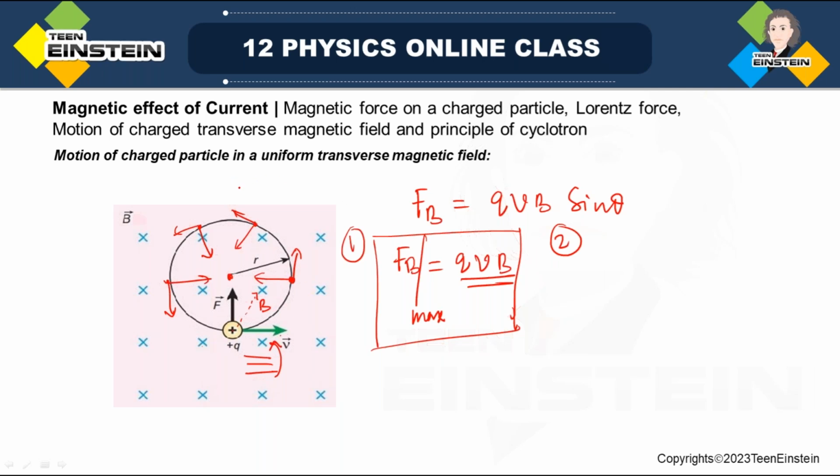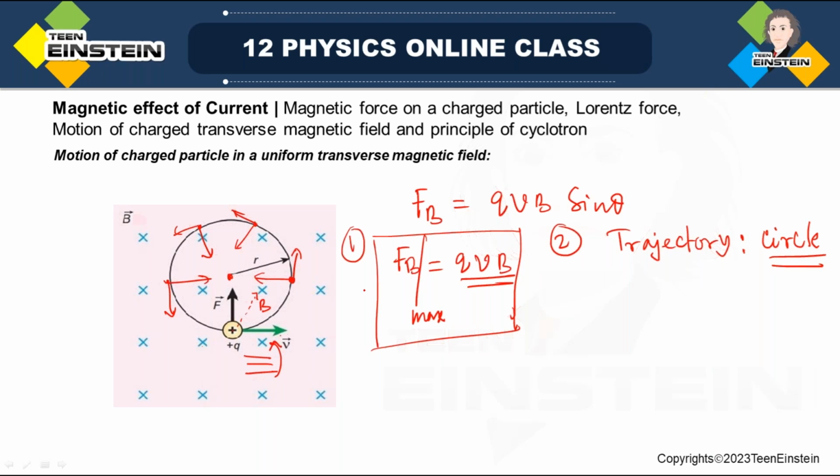One more point we need to note here is that if a charged particle is moving in a uniform and transverse magnetic field, its trajectory, or the path along which the charged particle will move, will be a circle.